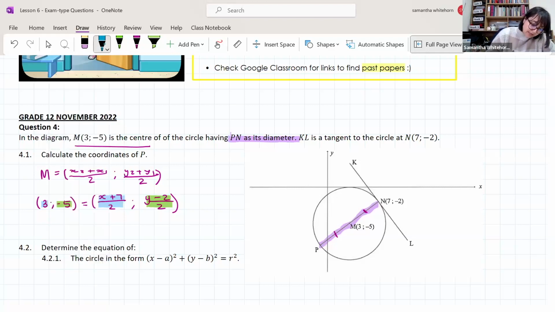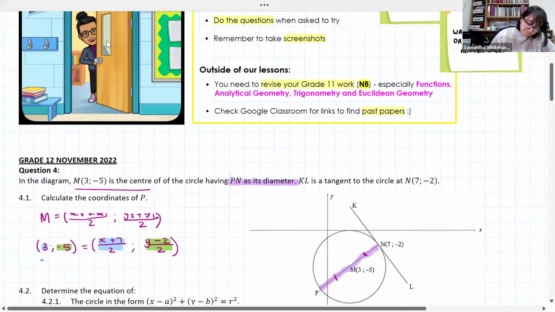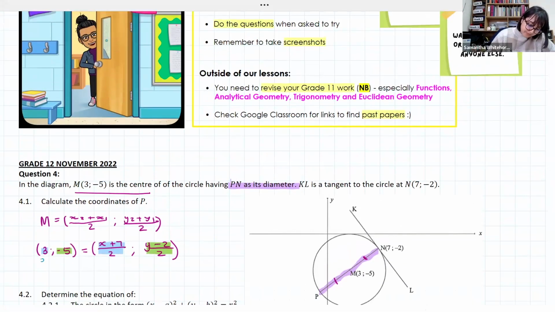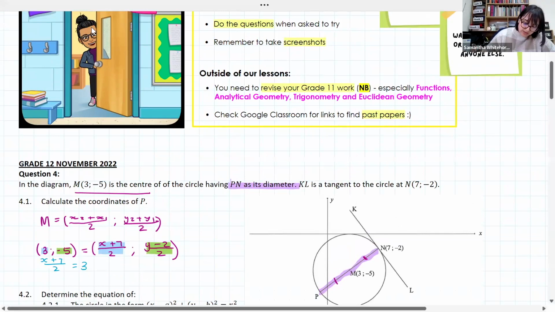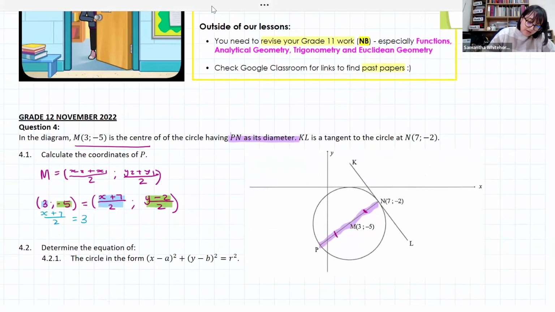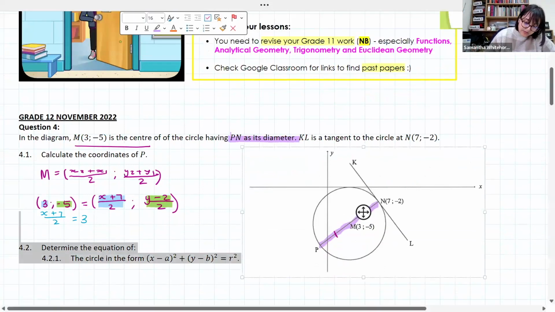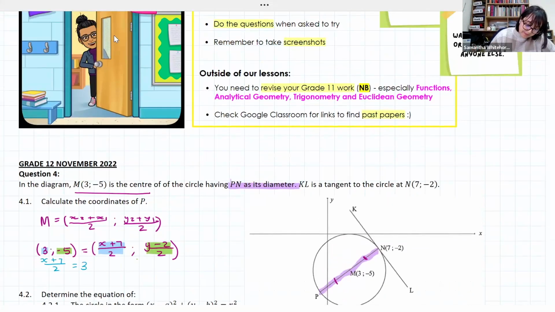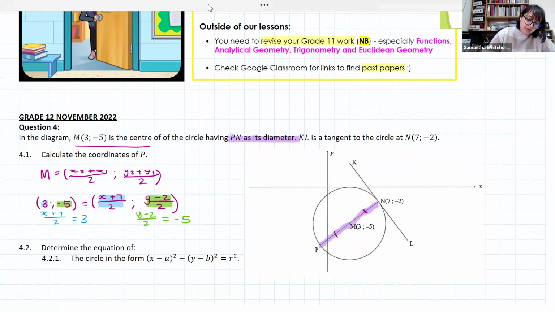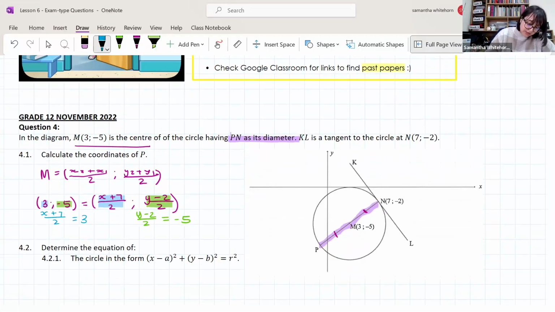So now I can say x plus 7 over 2 is equal to 3, and I can solve that equation. And then on the other side, I can say y minus 2 over 2 is equal to -5. And I can solve that equation. So I now have 2 very basic equations I can solve.